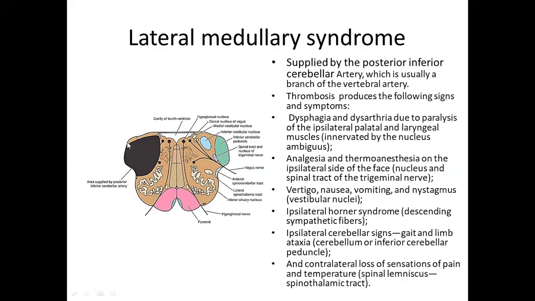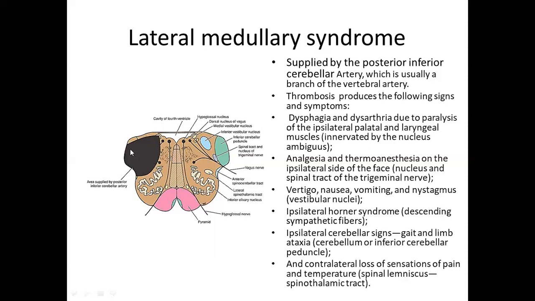Then because of the involvement of the vestibular nuclei, which are situated over here, the patient will also experience vertigo, nausea, vomiting, and there will be nystagmus. Then there will be ipsilateral Horner syndrome because of the descending sympathetic fibers and the reticular activating system being involved.